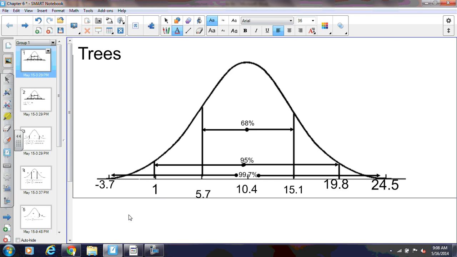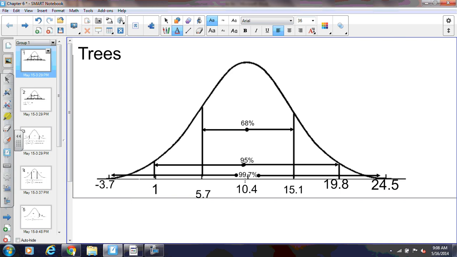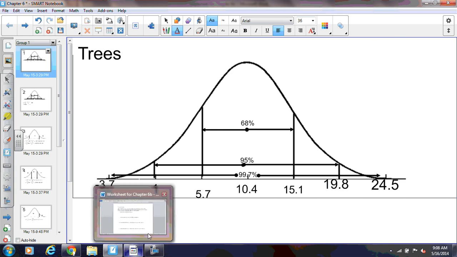It's a theoretical distribution. So we could say that 99.7% of trees would have diameters between negative 3.7 and 24.5. So this is the normal model for tree diameters.